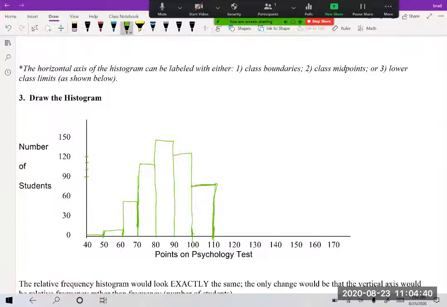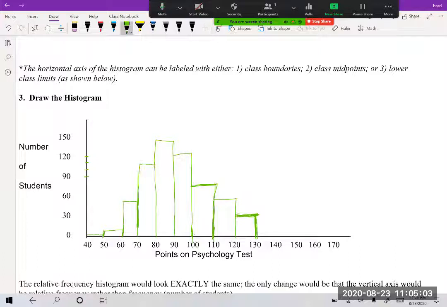Let's go right there. And then 110 to 119 would be about 59, so I'm going to make it really close to 60. And then 120 to 129 would be 36, so it's just a little above 30. So right about there. And then 130 to 139 would be 11.